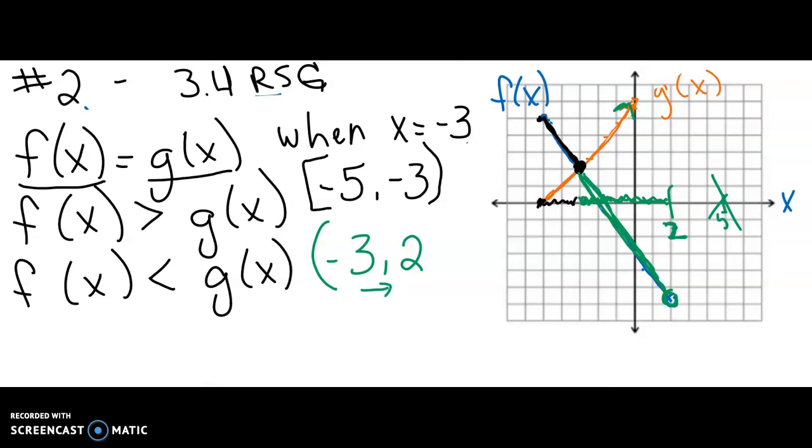And then at 2, I'm going to use an open bracket because f of x had an open dot at 2. So that's the only place where both functions are defined and f of x is smaller than g of x.